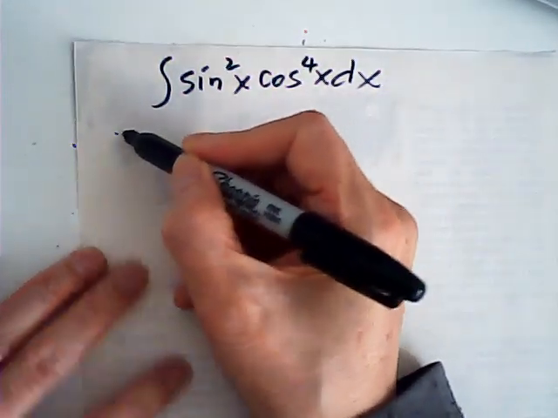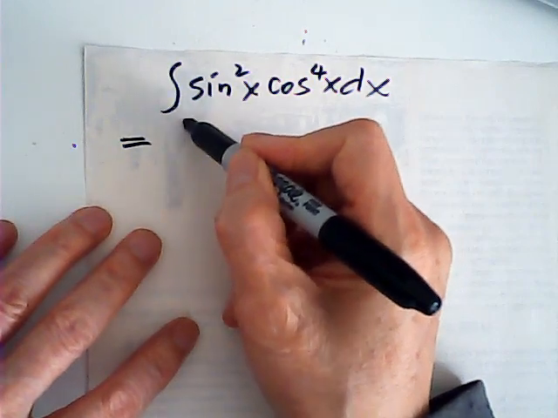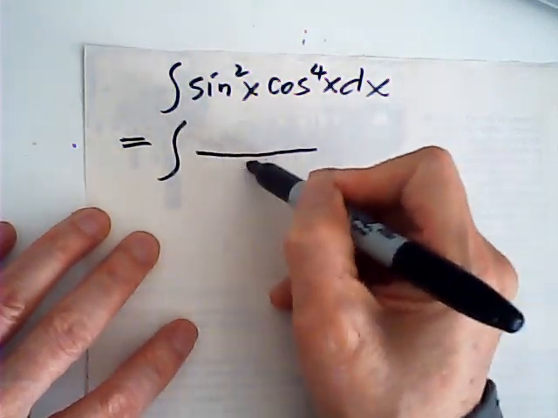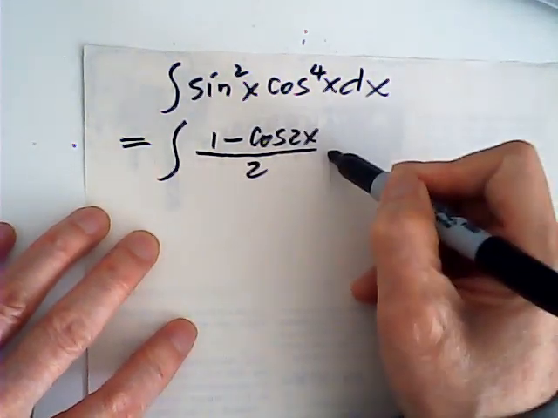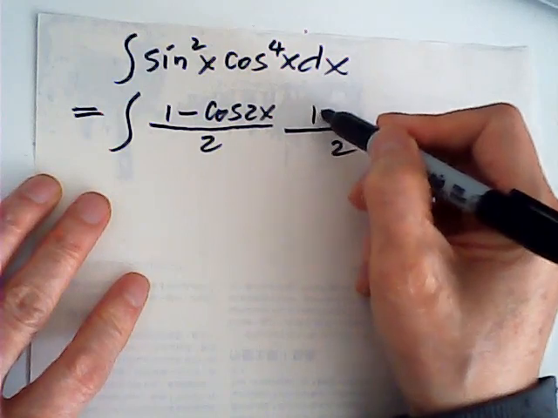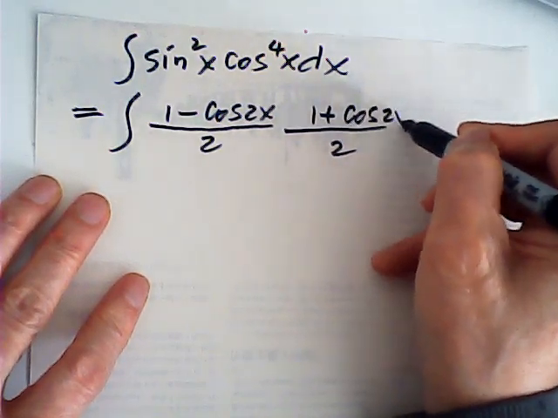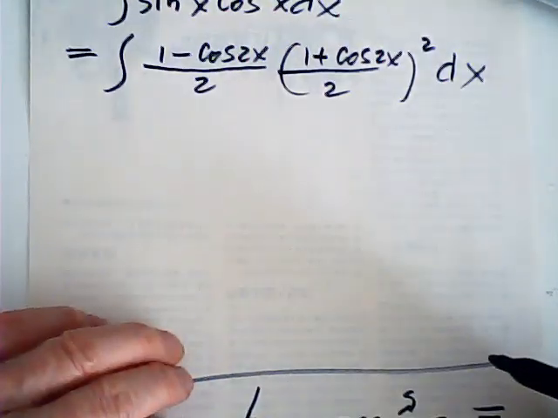So here, reduce the power. This becomes the integral of 1 minus cosine 2x times 1 plus cosine 2x, bracket squared, dx.